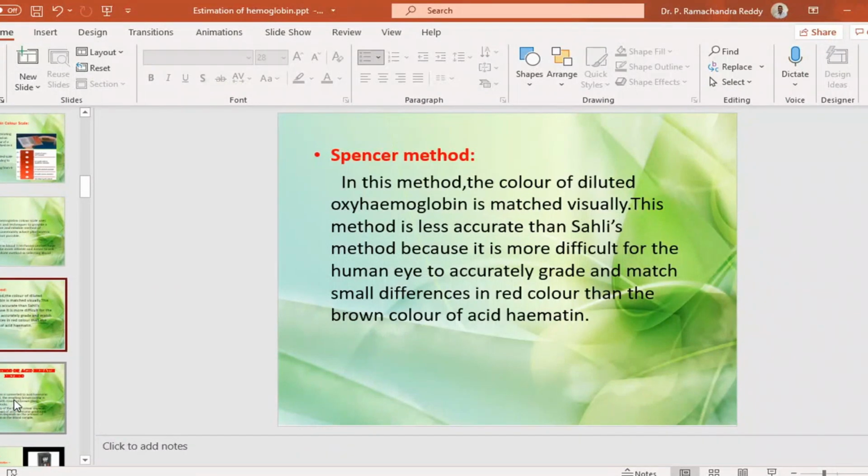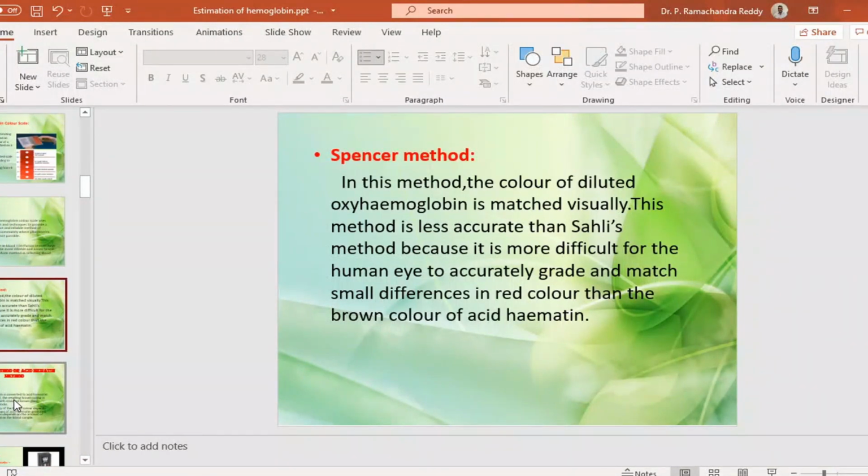Okay, so next is Spencer's method. Spencer's method is also a kind of manual method, a color dilution method of the blood. The oxyhemoglobin gets diluted and matched visually, but it is not an appropriate method to estimate hemoglobin. We also see a dilution method in Sahli's method.